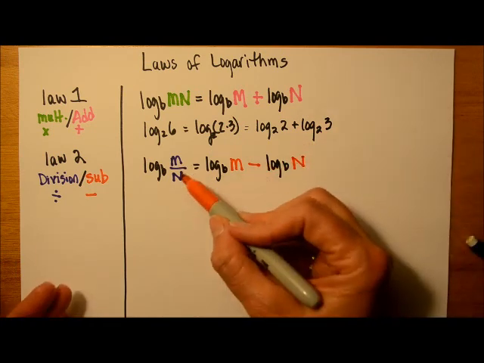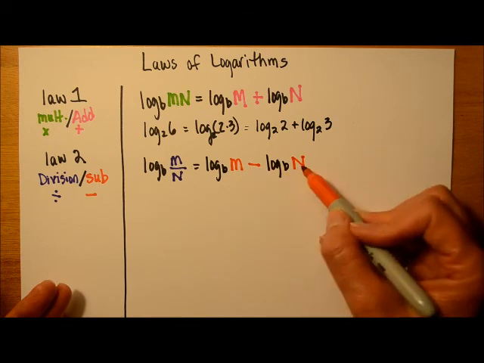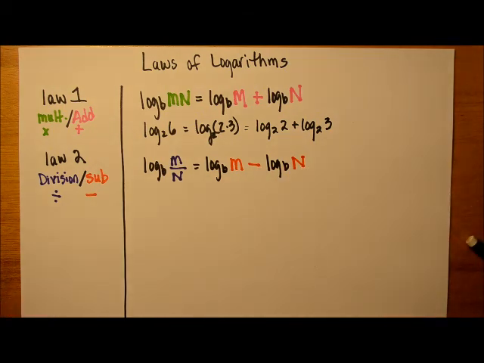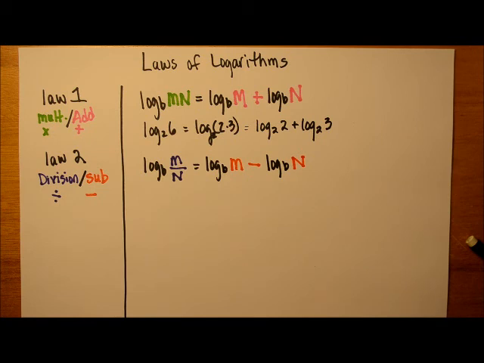So I go from division, see the minus sign? Division to subtraction, and I am expanding it. So I go from a single logarithm to an expansion. Okay, those are the two big laws.